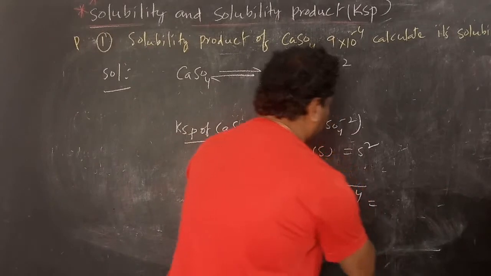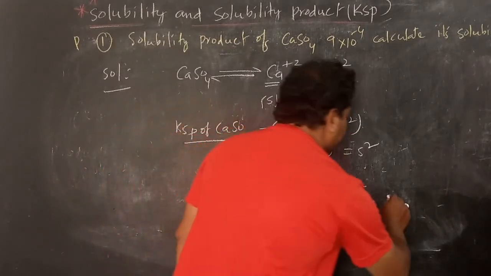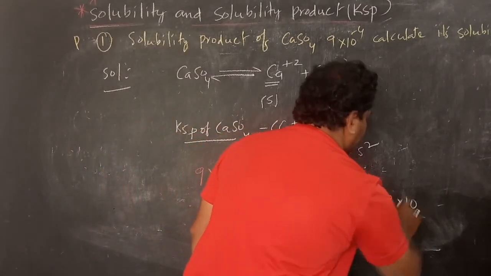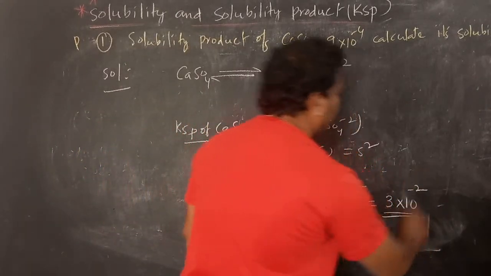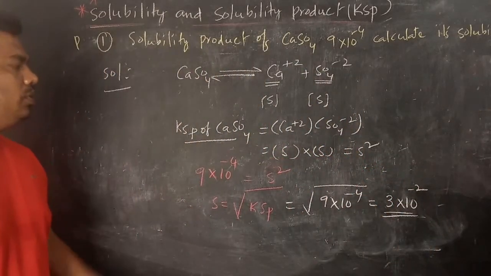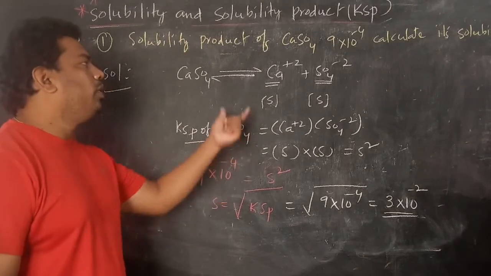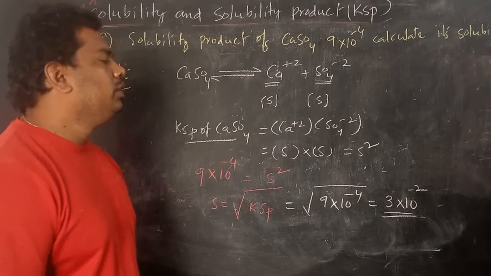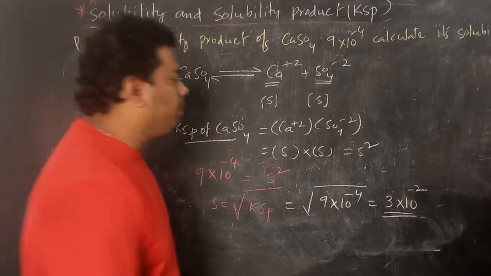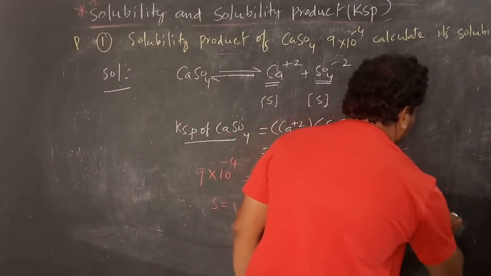Removing the square root gives 3 into 10 to the power of minus 2. So the solubility of Ca plus 2 and SO4 minus 2 is 3 into 10 to the power of minus 2 moles per liter.